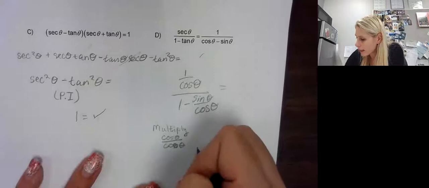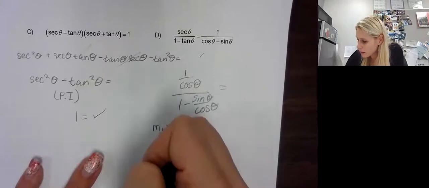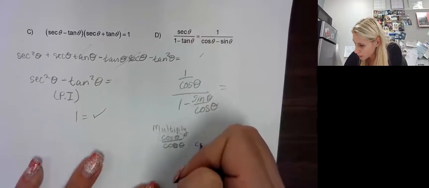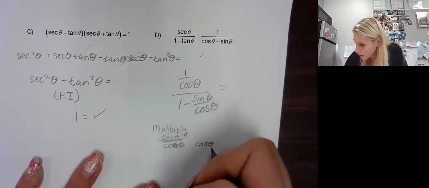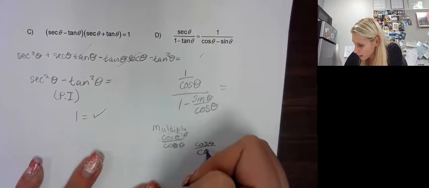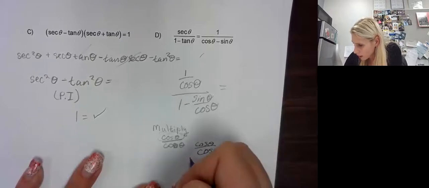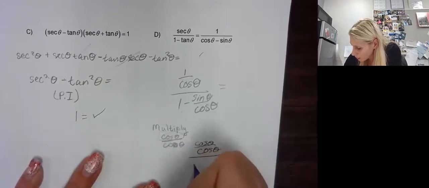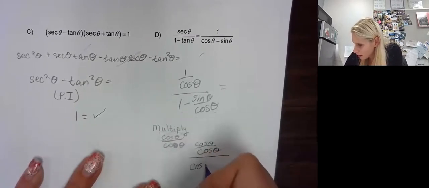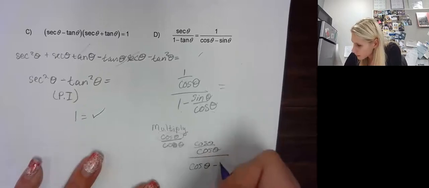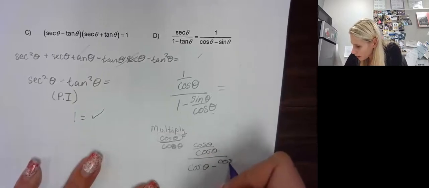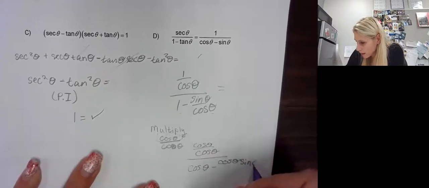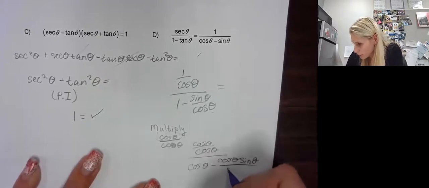When I do that, multiplying the numerator gives me cosine theta over cosine theta all over, well, if I multiply both of these by cosine theta, I get cosine theta minus cosine theta sine theta all over cosine theta.